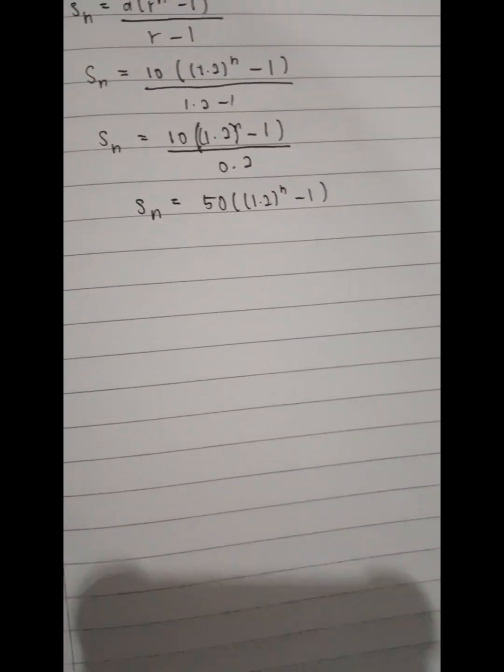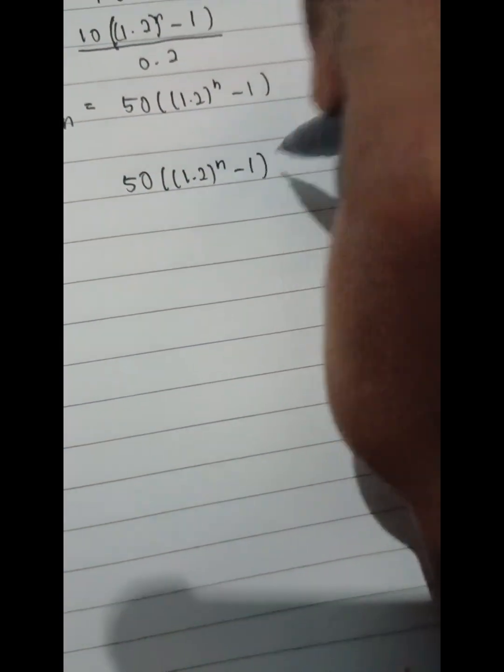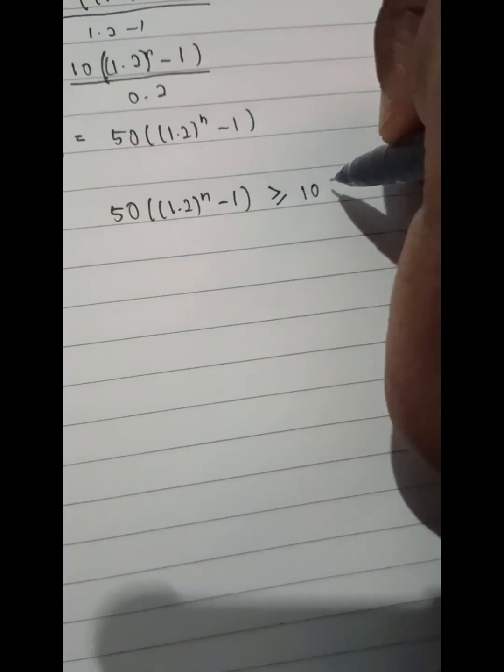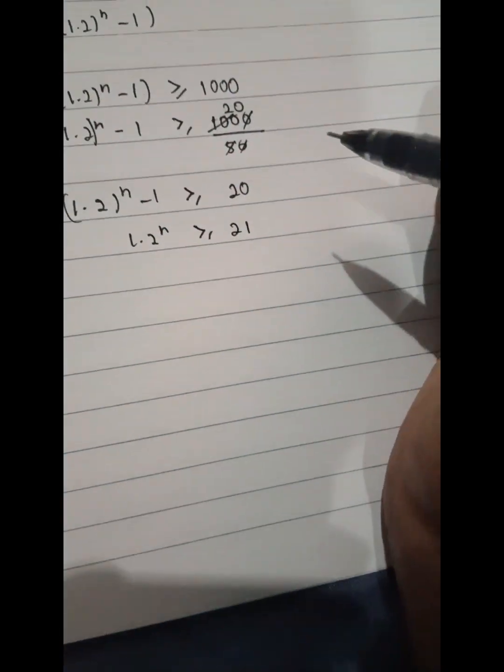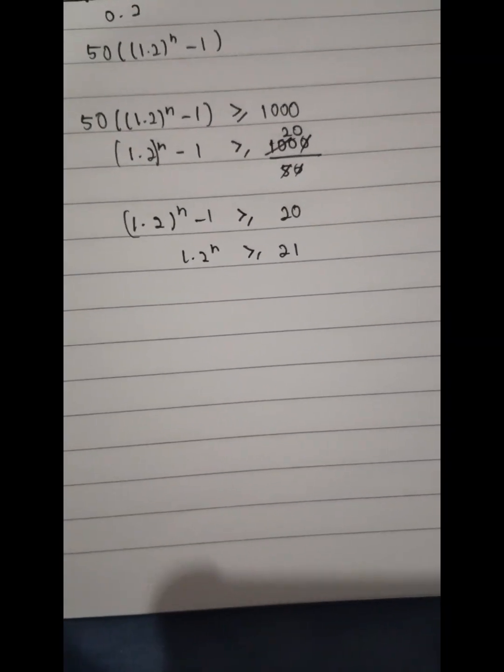In this case, we need 50 bracket 1.2 to the n minus 1 to be greater than or equal to 1000 meters. So 1.2 to the n minus 1 is 1000 over 50, which is 20. So 1.2 to the n minus 1 is greater than or equal to 20. So 1.2 to the n is 21.